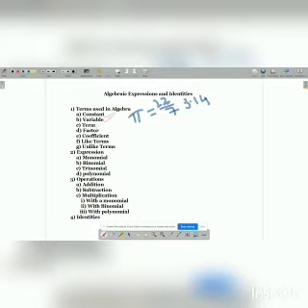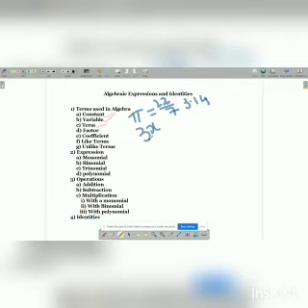The next is a term. A term is a combination of a numeral with a literal, or alone a literal, or alone a numeral. If I write 3x, see, 3 into x, the meaning here is 3 into x.